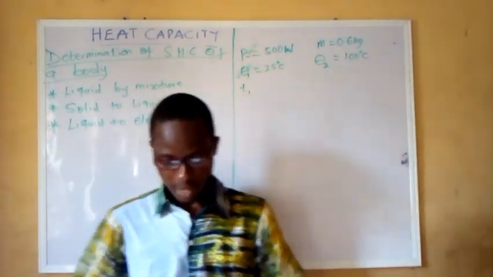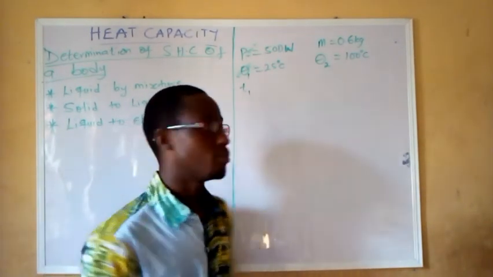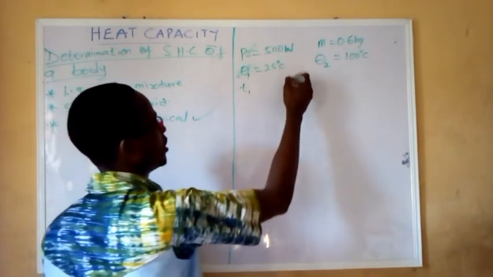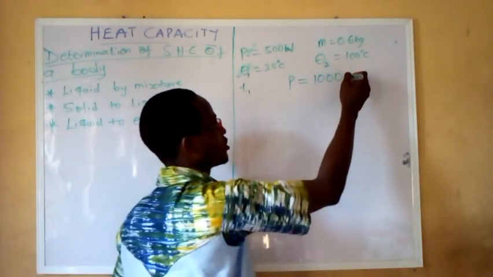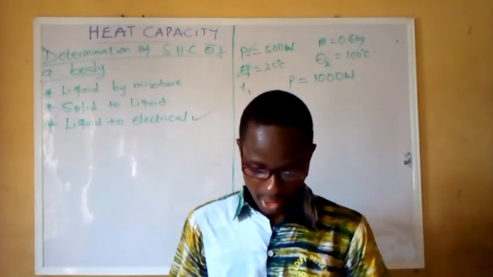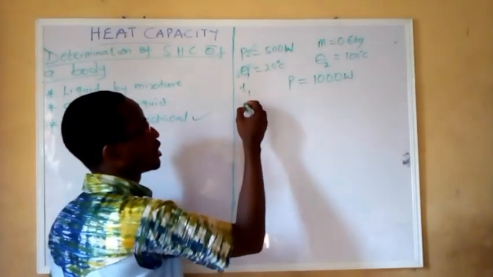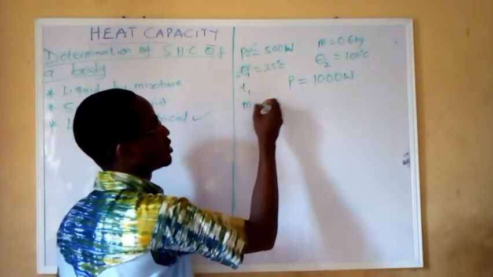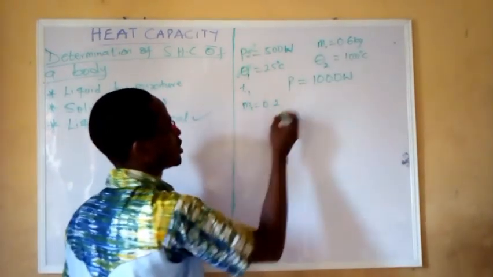Then another heater is used to heat 0.2 kg of water, meaning we have two heaters involved here. Another heater of power 1000 watts is used to heat 0.2 kg of water. So we have water of mass 0.2 kg.